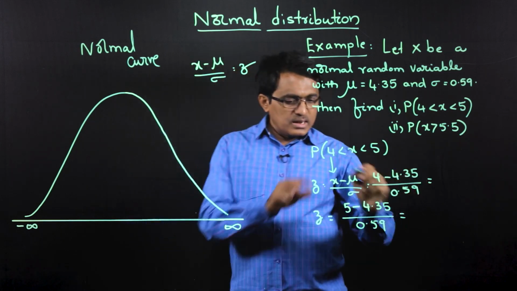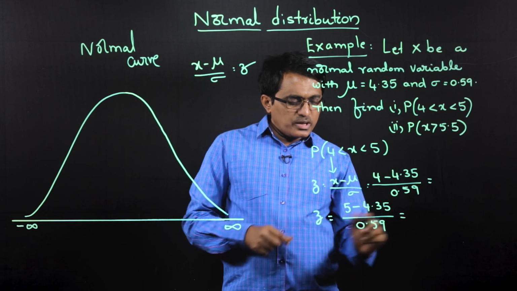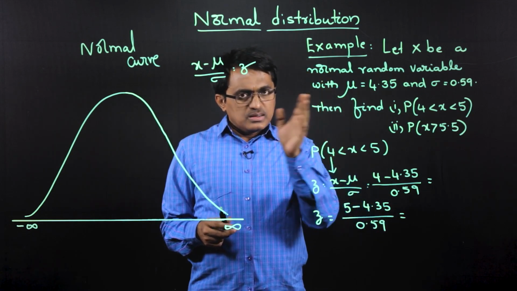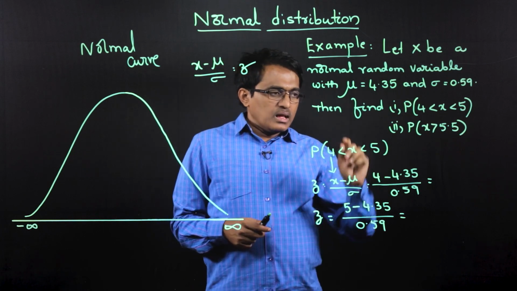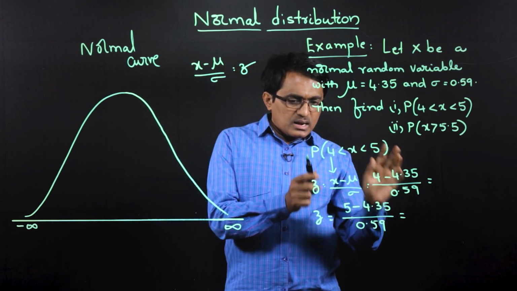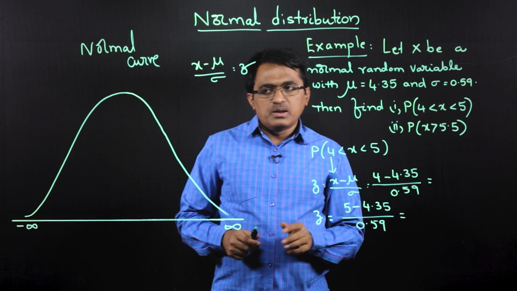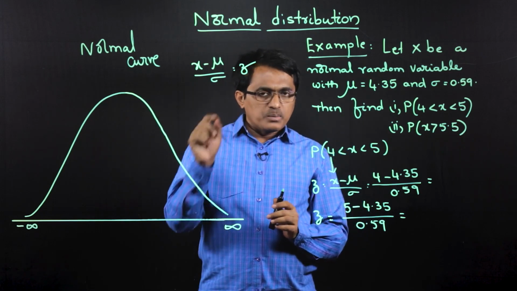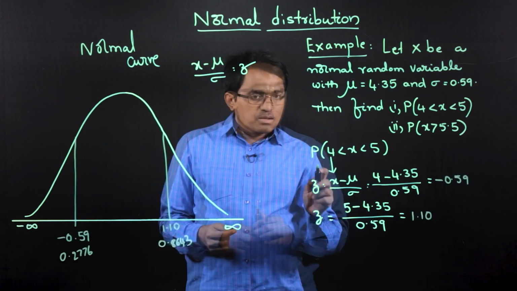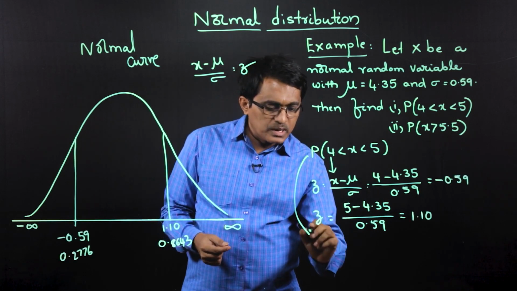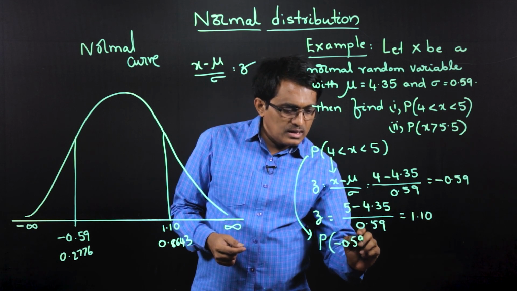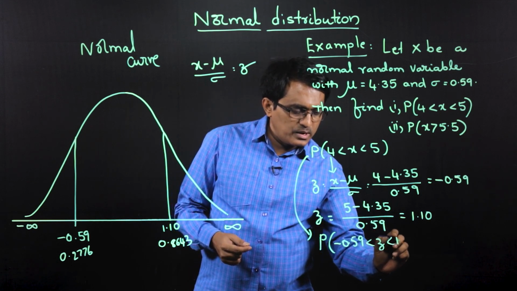So, we are converting normal distribution into standard normal distribution. Then once we have the standard normal values, we use tables to find the probabilities we are looking for. Now this problem becomes P of minus 0.59 less than z less than 1.10.